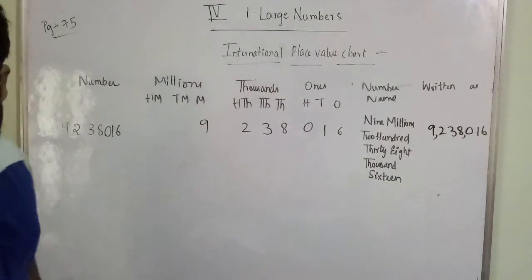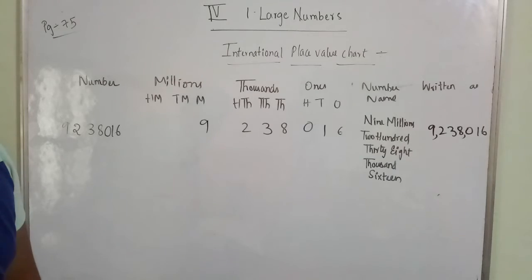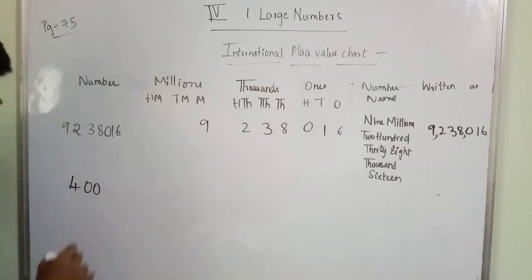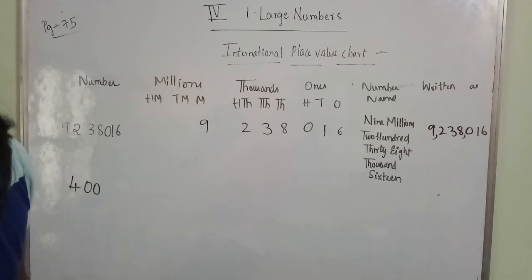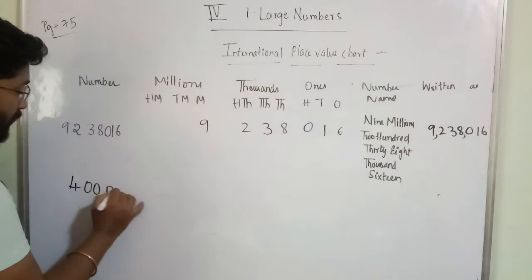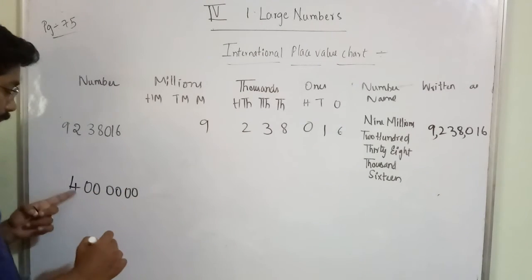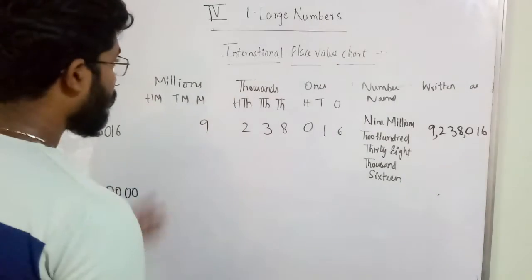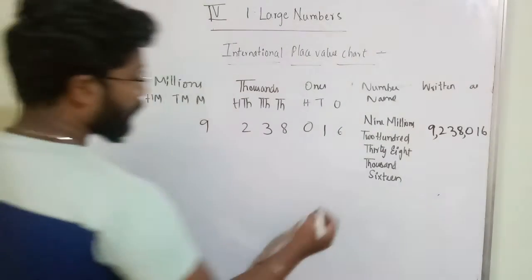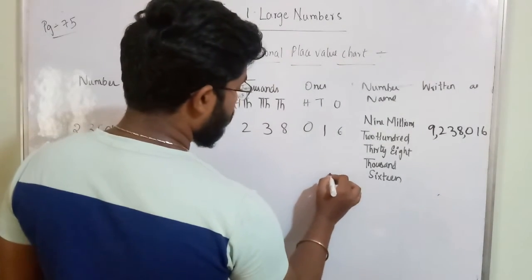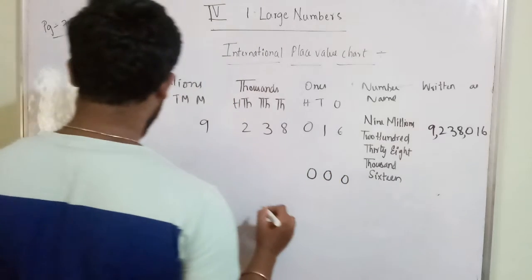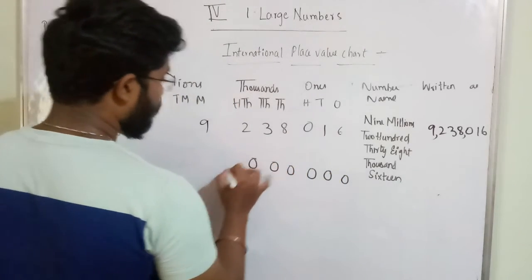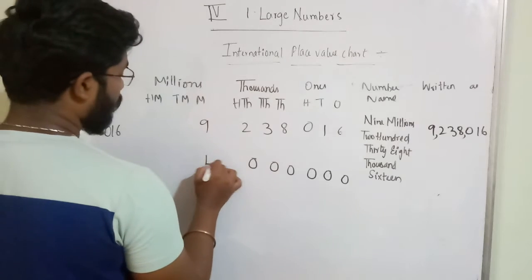Next number. What is the next number? 4 followed by six zeros. So you have to start writing under the periods, starting from the ones place: 0 0 0, 3 completed, 0 0 0, 3 completed, 4.